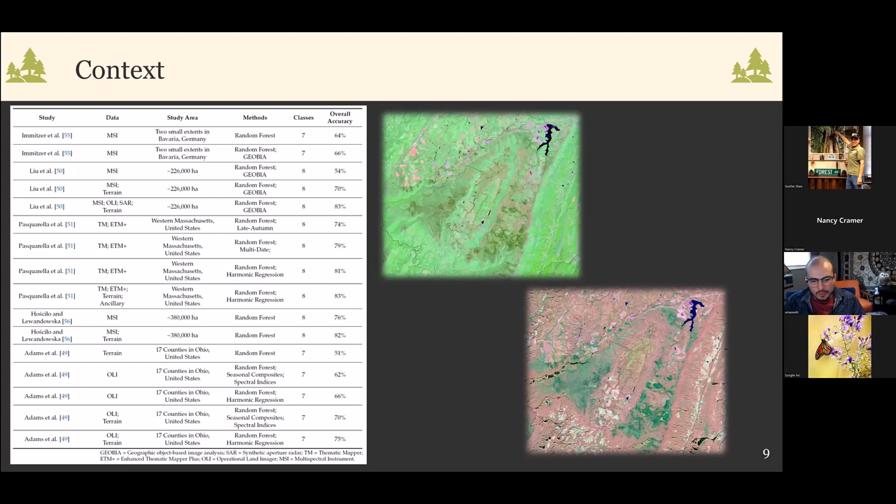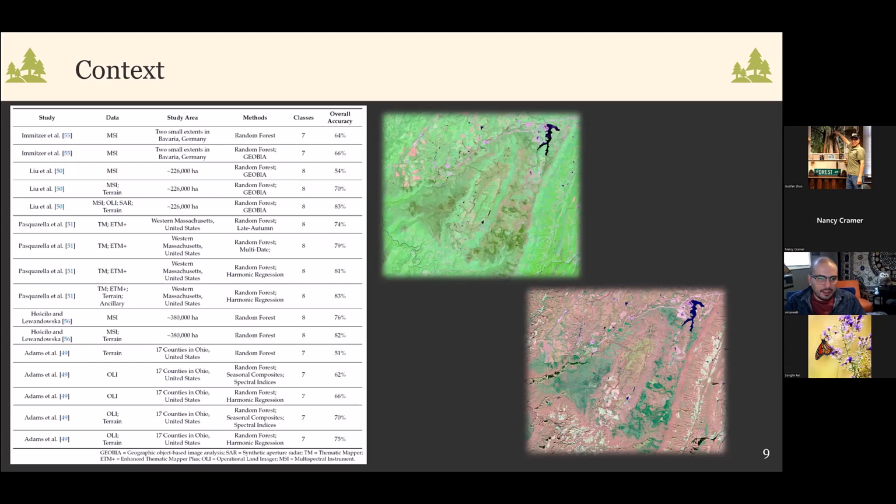Another method that's been pursued more recently is the use of harmonic regression, where you effectively fit a model through all the observations that you have available, with multiple harmonics, and then grab the coefficients from that fitted function and use them as your feature space to make predictions.